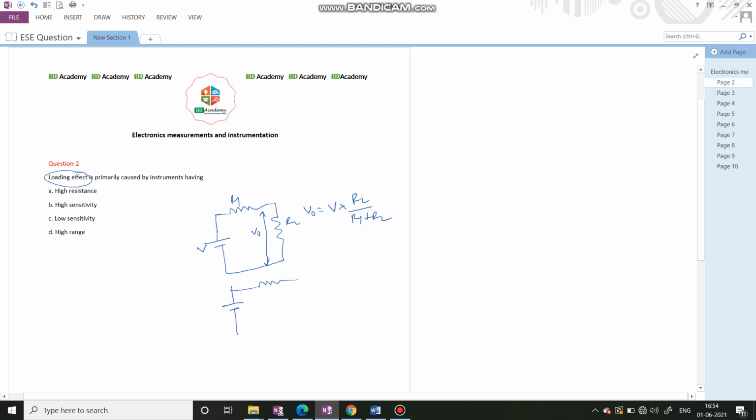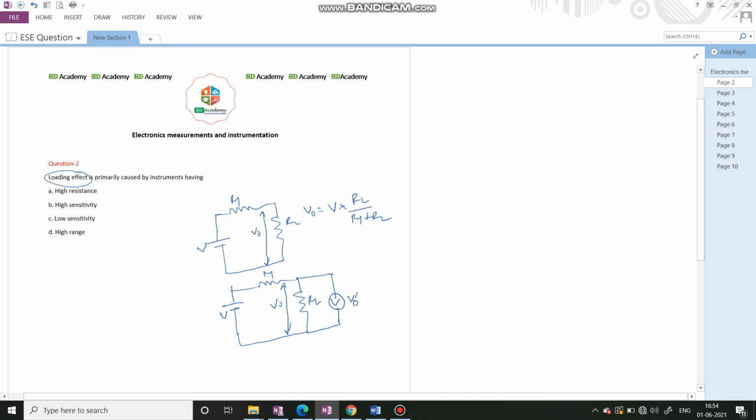Again I draw this circuit. This is voltage V, this is R2 and this is R1, and here the voltage is V0. Now you connect a voltmeter V across R2. The voltage measured by this voltmeter is V0 dash.